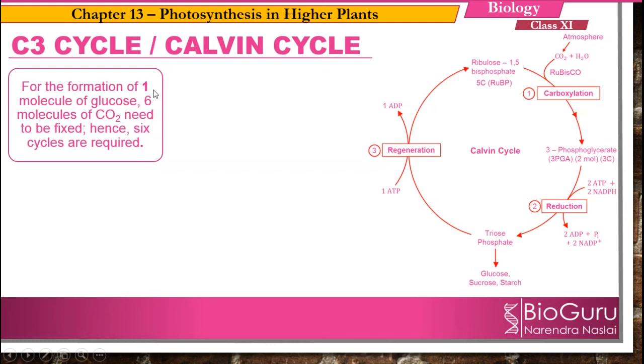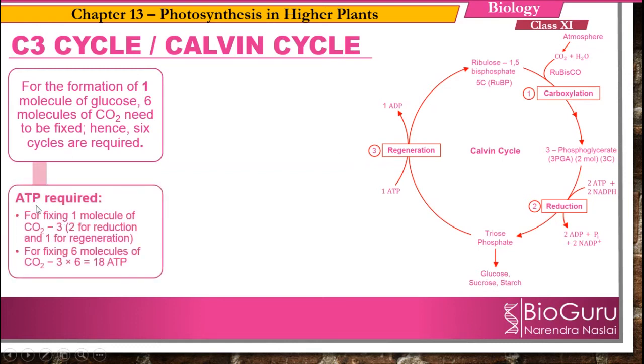Hence, 6 cycles are required. So the cycle you are seeing here should be repeated 6 times in order to generate one molecule of glucose. And later on it will be converted into sucrose and it is stored in the form of starch, which is a polymer of glucose.